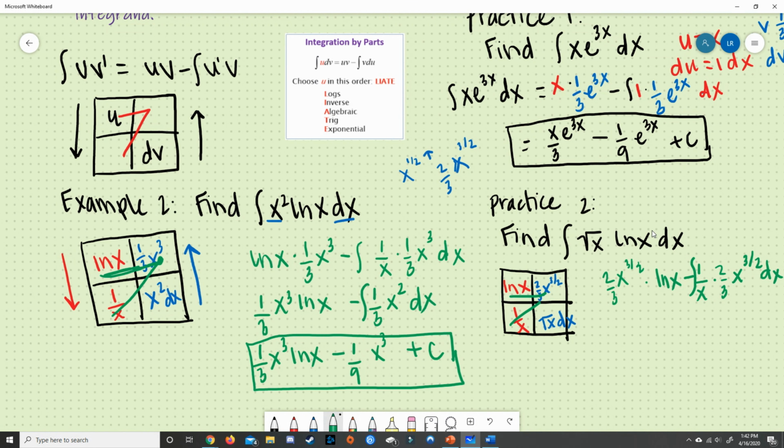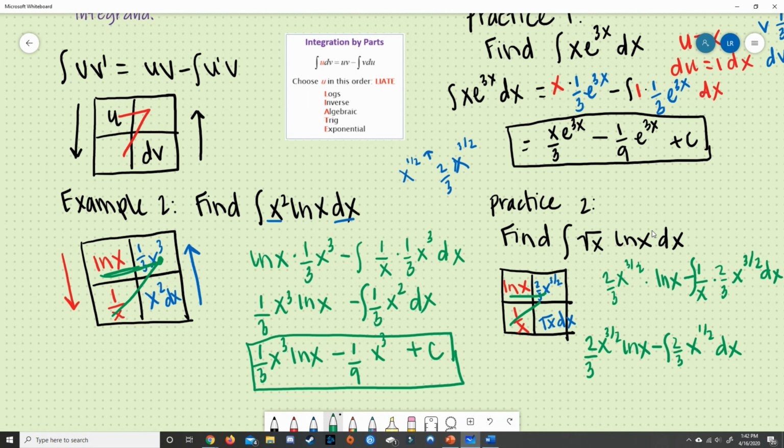So simplify as we go, and this is going to become 2 over 3 x to the 3/2 ln of x minus, I have 1x here, and I have 3/2 x up in the numerator, and so that ends up just being a 1/2 exponent. So I'm going to have 2/3 x to the 1/2 dx.